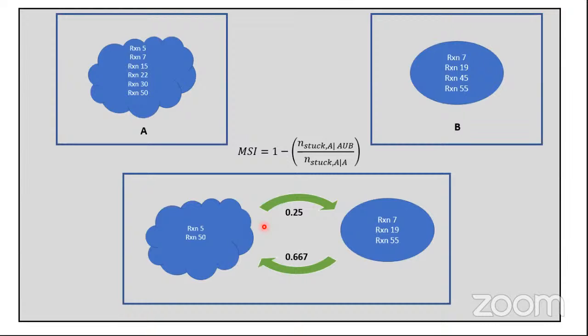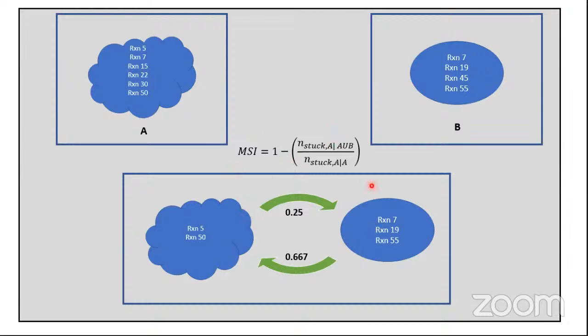When microbe A gives some metabolite to microbe B, which could not be produced and was not available to microbe B earlier, but is now available because A can give that particular metabolite to B, that's how the reaction that was stuck earlier is now relieved.